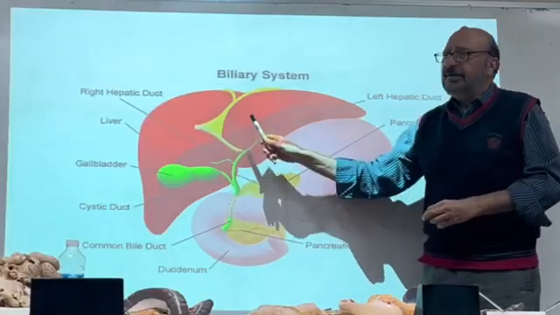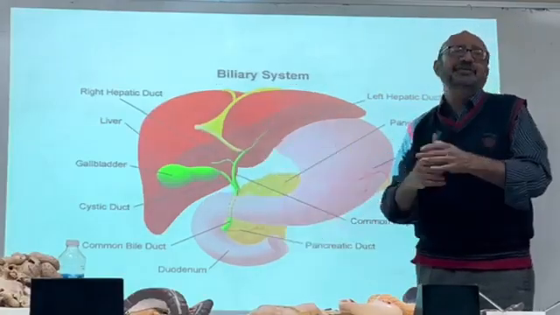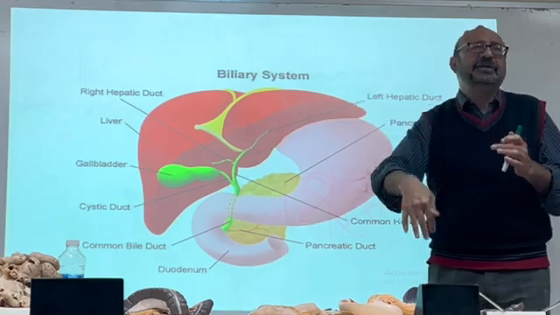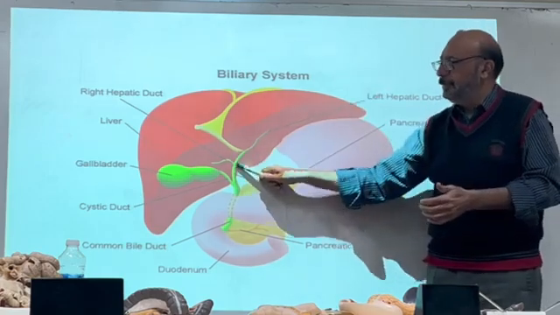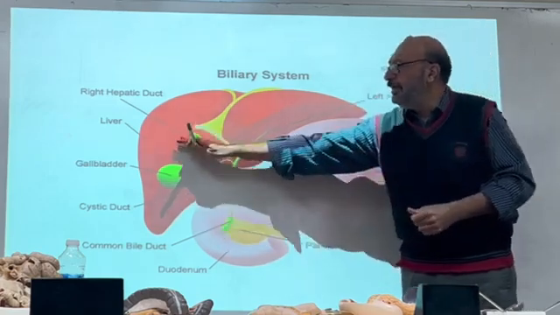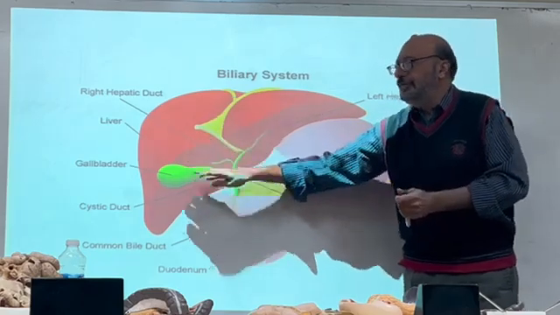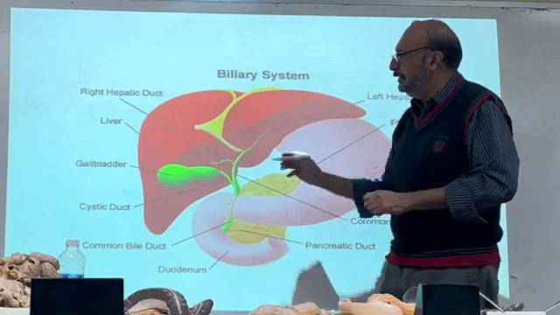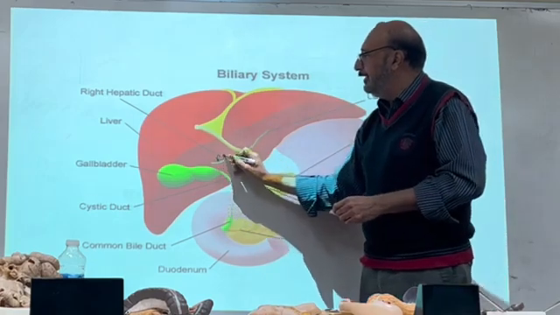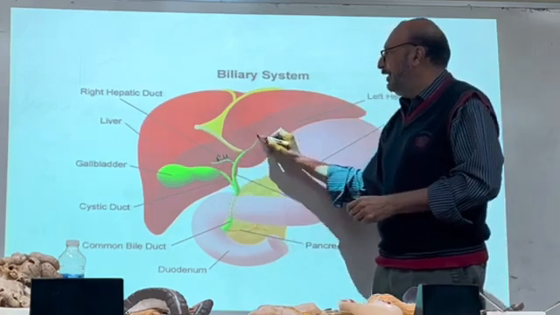So this is how the secretions from the liver reach the GI tract. This is the pathway. We have two lobes of the liver, right and left. They have multiple small ducts, which make one big duct, the right hepatic duct. On the left lobe, the left hepatic duct.